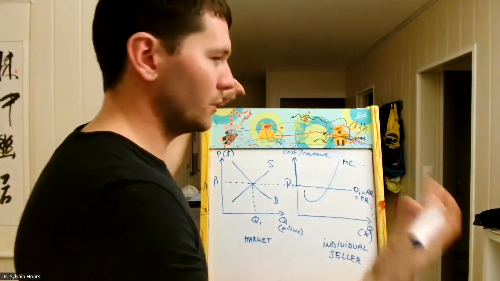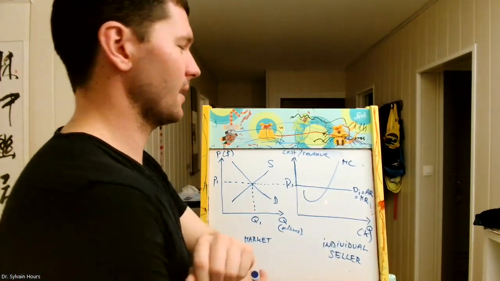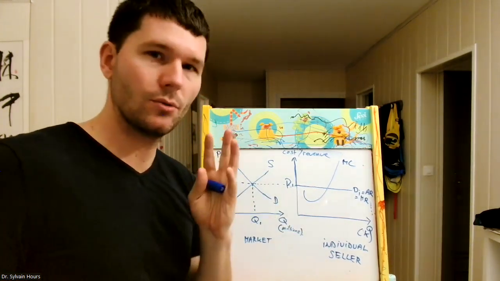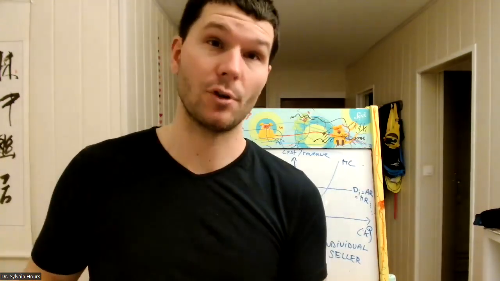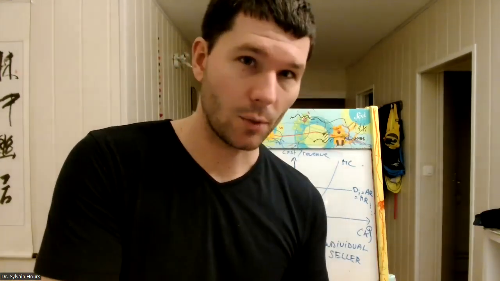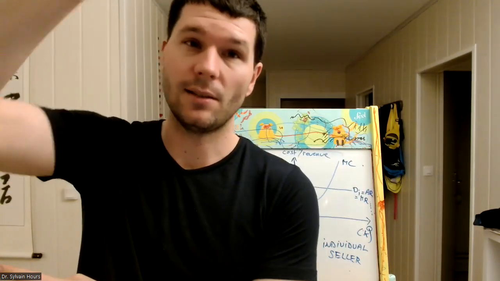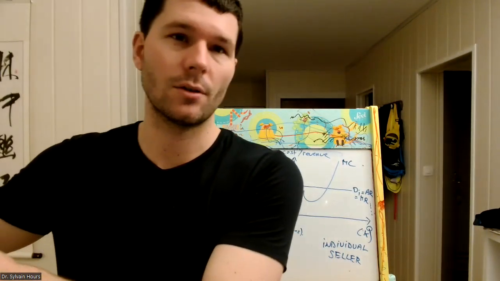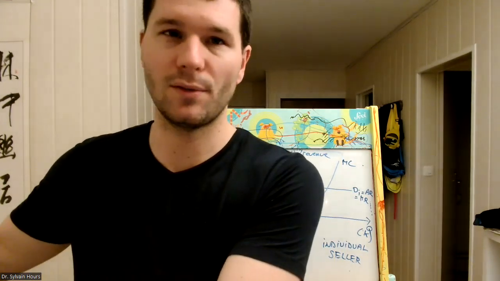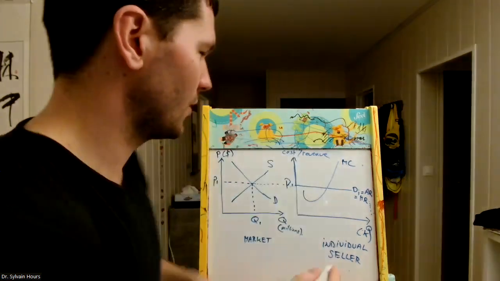And something that we know from production theory is that the marginal cost is going to cut the average total cost at its minimum. The average total cost curve has a U shape. In the long run, that's because you initially have economies of scale, so the ATC goes down, and then at larger levels of output, these economies of scale run out, so it eventually goes up.